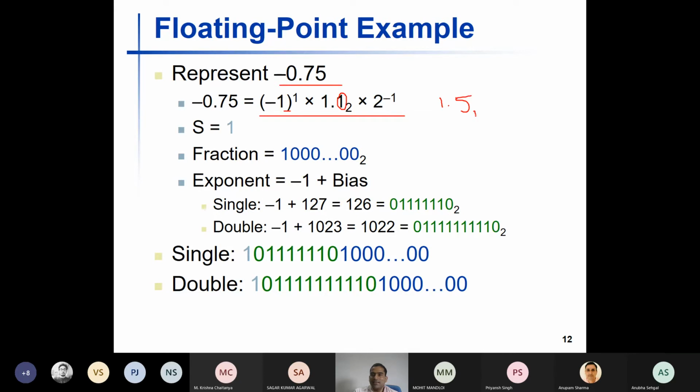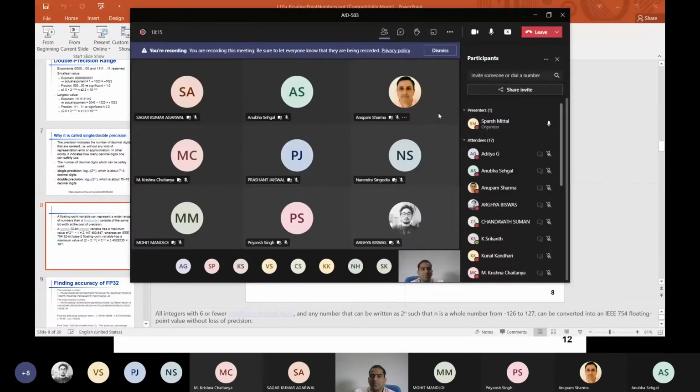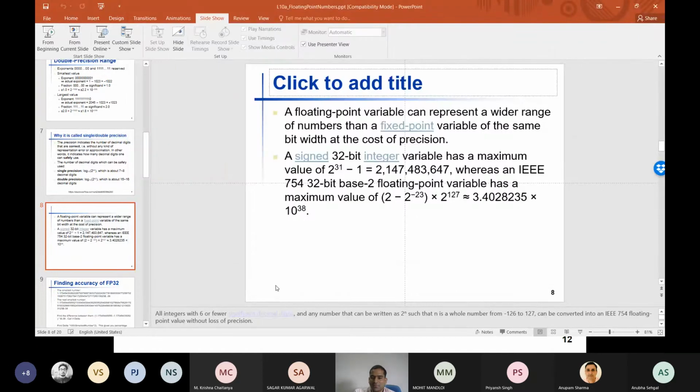So in decimal, this 1.1 in binary is equal to 1.5 in decimal. Do you agree or not? Sure. Okay, because I hope you know that much digital logic.